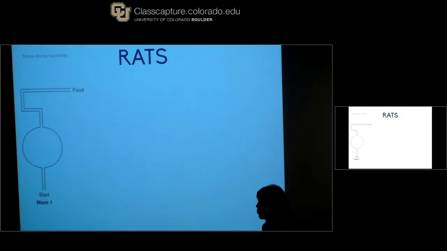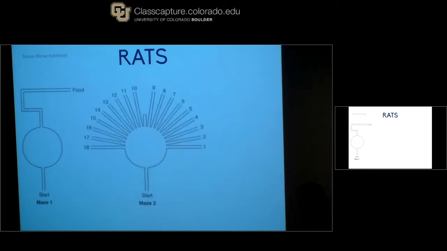There was only one possibility, so they would do all of these turns and get to the food. This was for a few days, and then they were exposed to this other maze. Of course, the poor rats arrived at time 0 here, and then they went straight up to verify whether there was food, and there was no food.